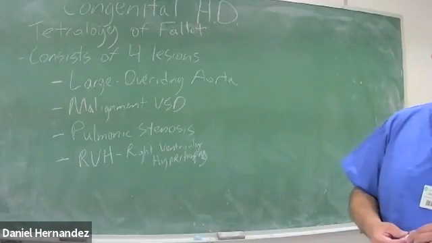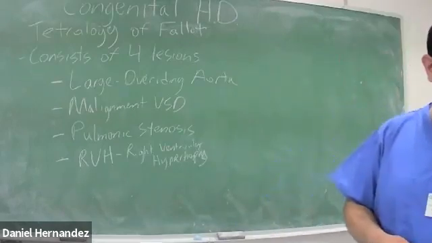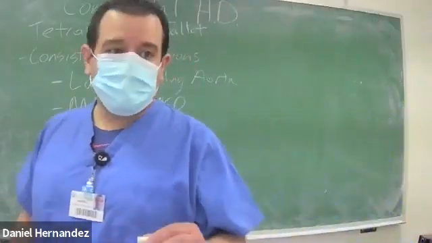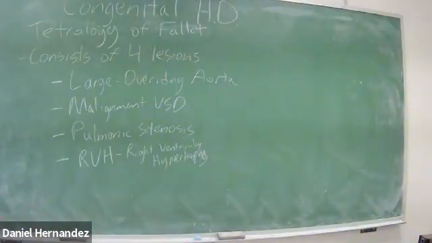So this is the most common cyanotic lesion in which survival into adulthood is expected. You actually have a pretty good outcome with patients with tetralogy of Fallot, but the surgeries involved are quite extensive.